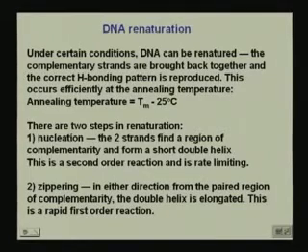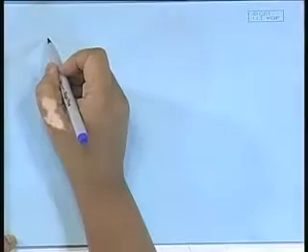Only then can you renature the DNA back to where you started from. Now, this occurs very efficiently at a temperature called the annealing temperature, that is Tm minus 25 degrees centigrade. What the Tm is, is called the melting temperature of DNA.